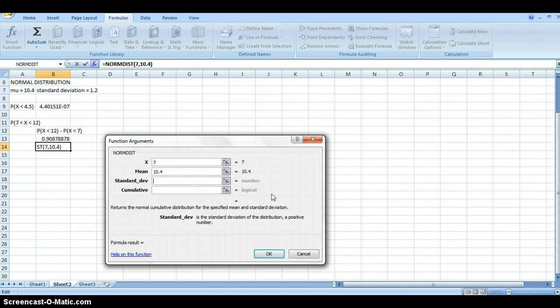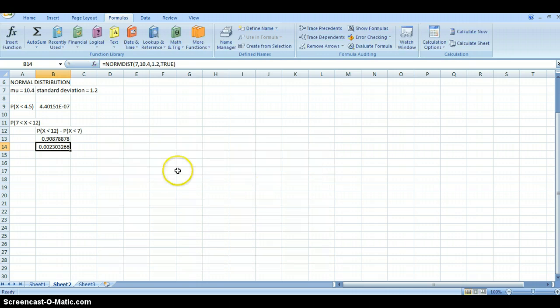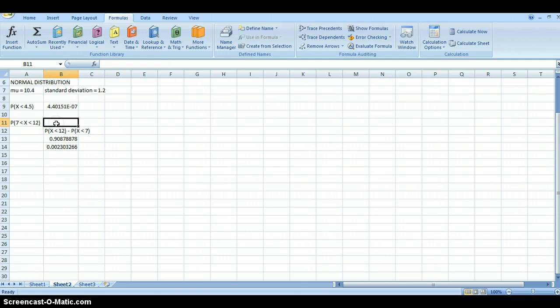And then realize that the 7 was included with the x being less than 12. And then we just want to subtract those numbers. So you can just pick a box and say that I want the probability that x is less than 12 minus the probability that x is less than 7. And then I get the value that I want.